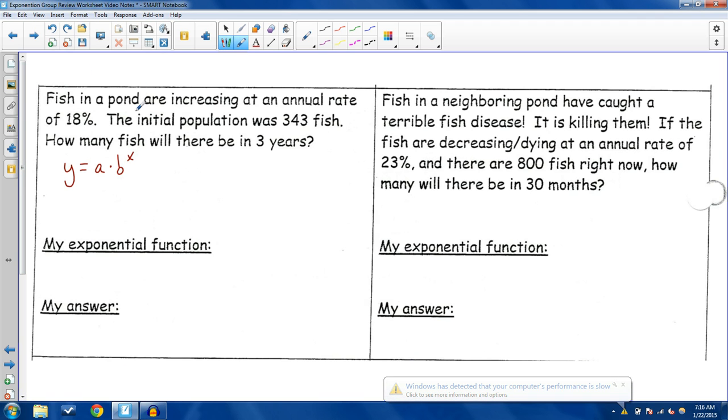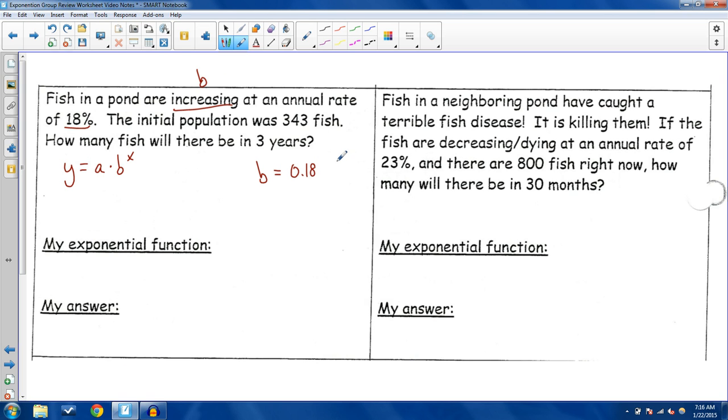In the sense they're not continuous. It's not continuously compounded interest. They're increasing at an annual rate of 18%. It means you have 18% more than you previously had. So this refers to your growth, so this is b. You don't want your b to just be 18%.